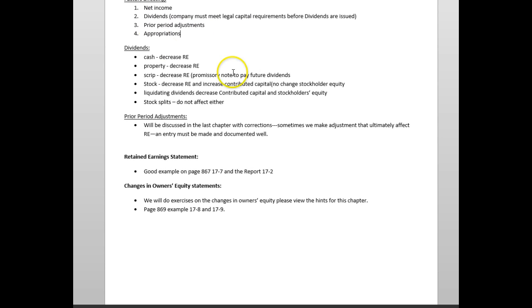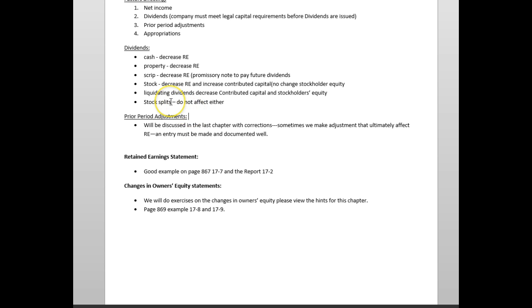We will look at dividends and different types of dividends. We've got cash dividends, property dividends, scrip dividends, which are a promissory note to pay future dividends, stock dividends, liquidating dividends, and then stock splits. Now, splits don't affect anything because when things split, it's just exponential.